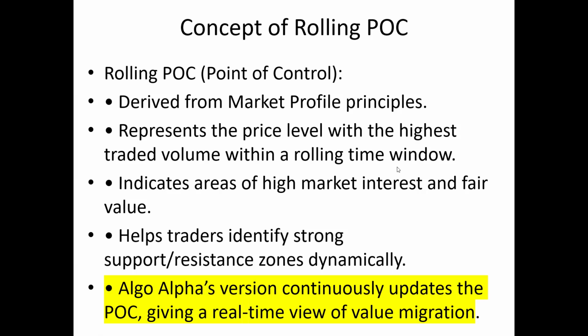That means the rolling time window is the value area at a particular time, and it represents the highest traded volume. For the Rolling POC, if the price starts moving below it in that time window, it indicates a down move, or if it starts moving up, it indicates an up move. It indicates areas of high market interest and fair value. What is the fair value for that price actually at that period?